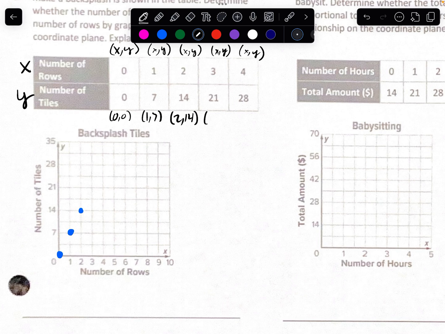Next one is 3, 21. And the last one, 4, 28. So I'm going to go to 4 and up 28. And I can connect my lines, and we want it as straight as possible.